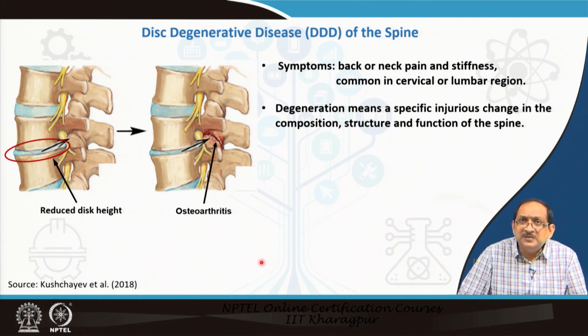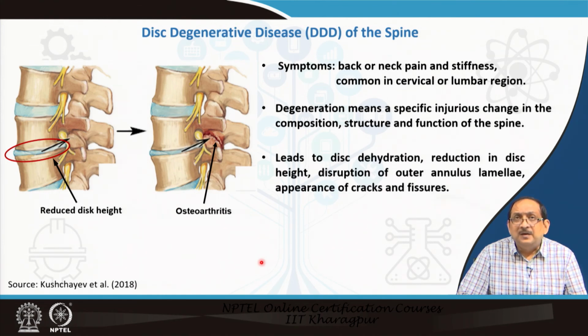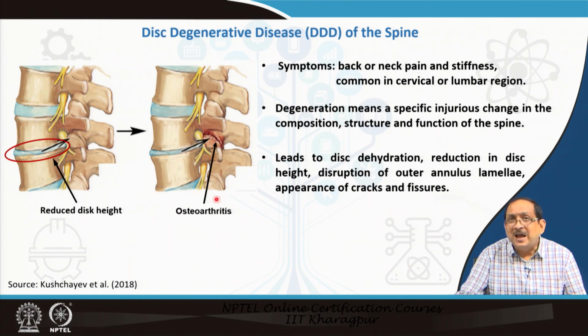Degeneration actually means a specific injurious change in the composition, structure and function of the spine. This degeneration leads to disc dehydration, reduction in disc height as indicated in the figure, and disruption of outer annulus lamellae, as well as appearance of cracks and fissures.